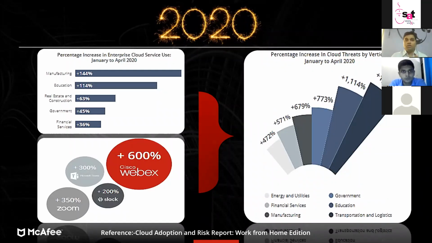Earlier they used to be entirely on-prem, but because of the changing situation, they are also adopting, obviously with all the security controls and security measures in place. They have also started adopting applications. One of the common examples I see is Office 365 adoption being pretty high in financial organizations as well, and other organizations. Similarly, for infrastructure as a service, I see a lot of AWS and Azure adoption.